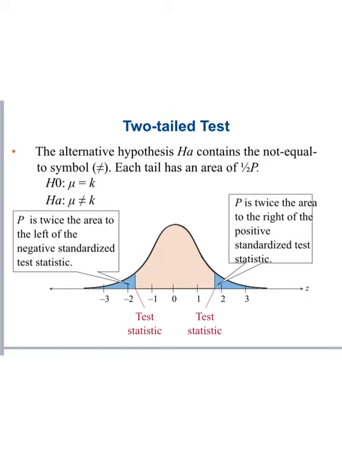All right, and here's an example of a two-tail test. Again, we determine that it's going to be that type of test by looking at the alternative hypothesis. And yes, my p-value is split into two equal portions. One is in the left tail, another is in the right tail, and these values are identical with a different sign, as you can see, and this value is computed from the formula.